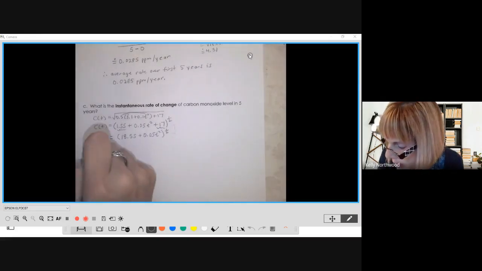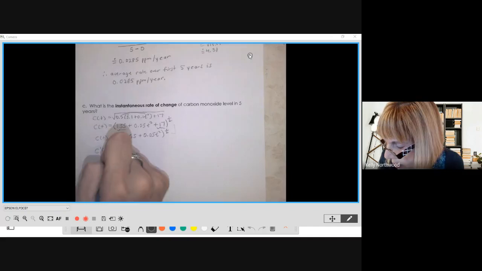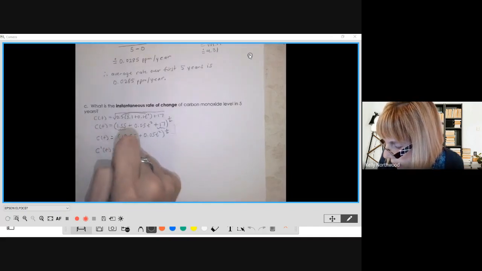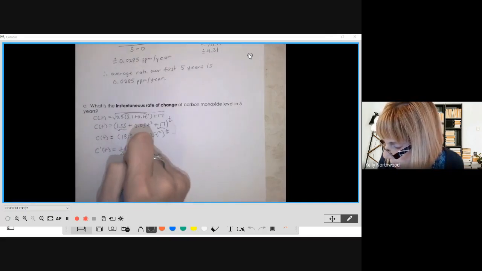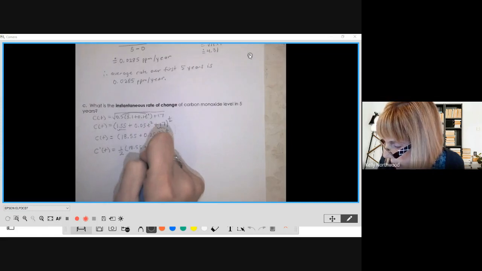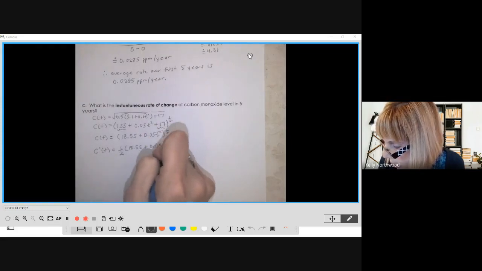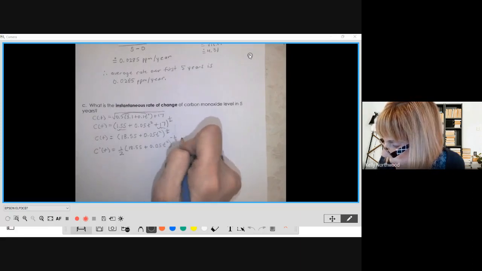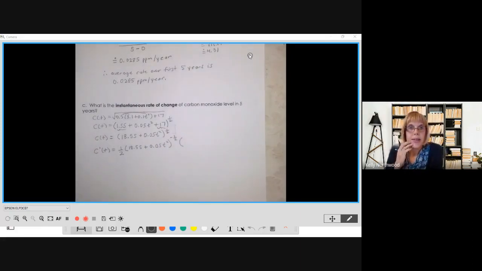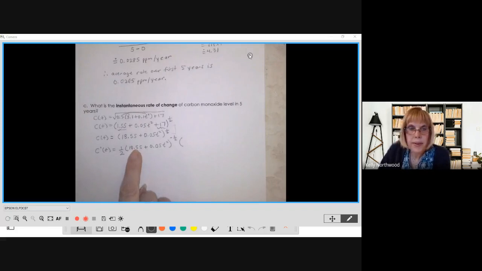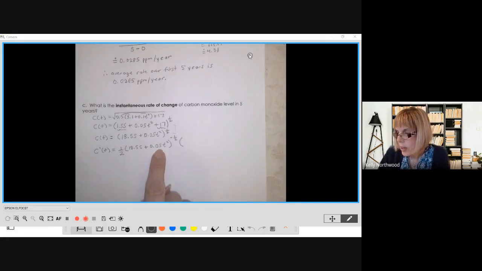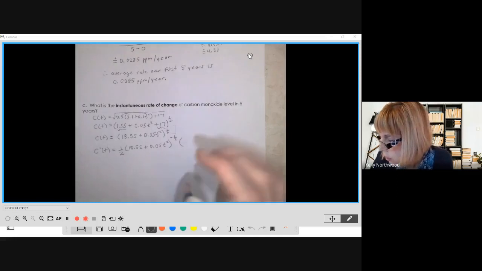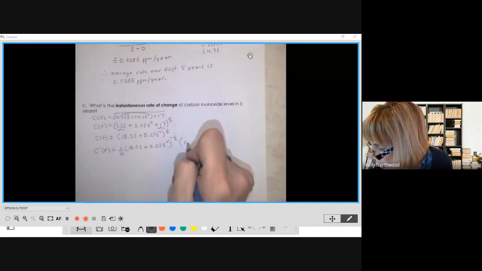So C prime at t is going to be 1/2 times 18.55 plus 0.05 t squared to the negative 1/2, times the inner derivative. The derivative of just a number is 0, but here it's going to be 2 times 0.05, which is 0.1 t.